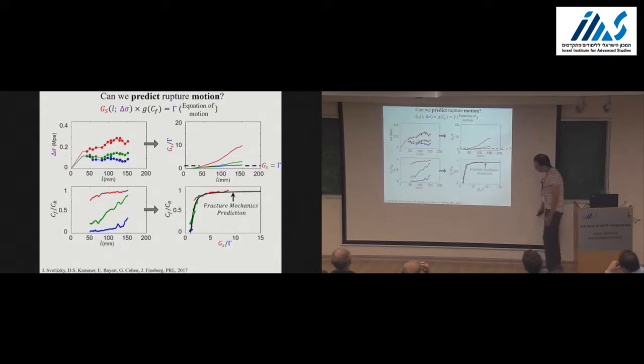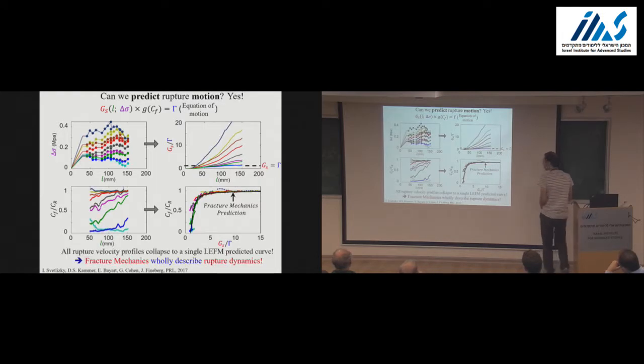The black line is the fracture mechanics prediction. And just to convince you more, I'm adding more examples which show that all rupture velocity profiles collapse onto the same single LEFM-predicted curve, which means that fracture mechanics wholly describes the equation of motion.